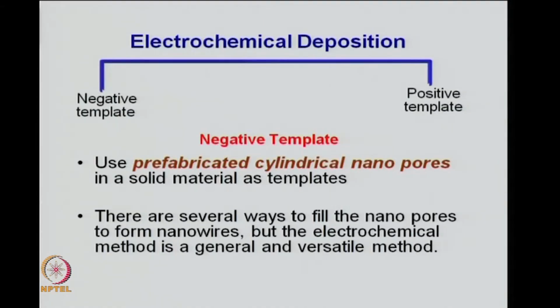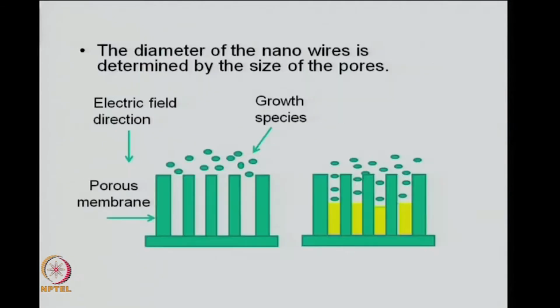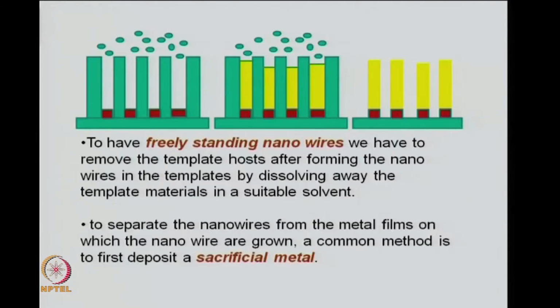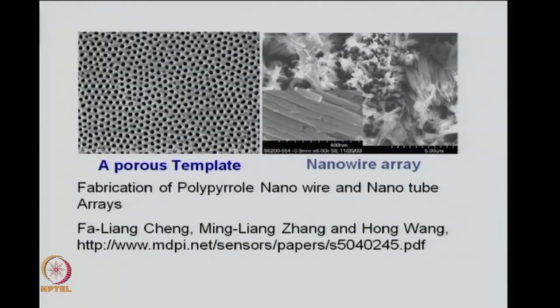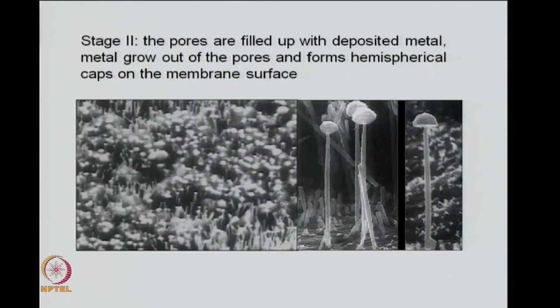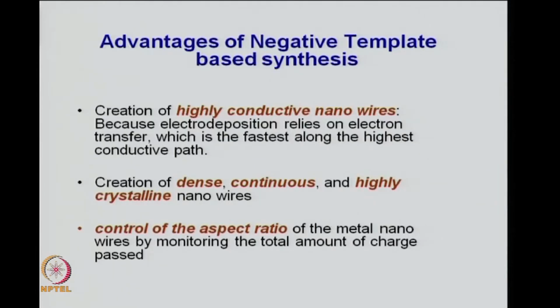So, this is the negative template we have discussed, where you have a template and within the template you are making the nanowires using electrodeposition, and you can use a sacrificial template to get freestanding wires. Now, the advantage of this negative template based synthesis is that you can create highly conducting nanowires, since electrodeposition depends on electron transfer, and electron transfer is fastest along the path which is most conducting.